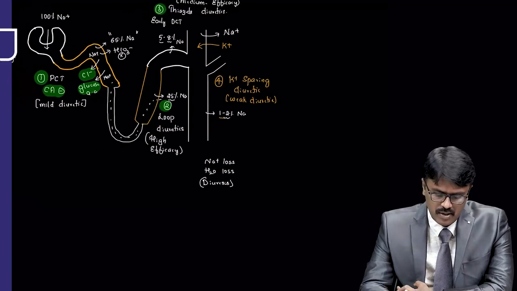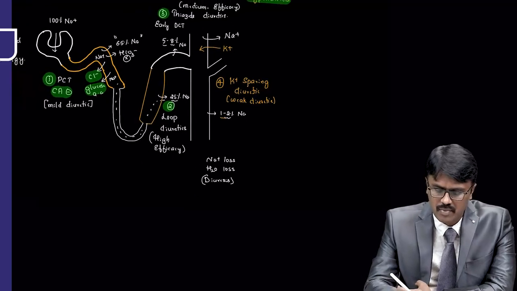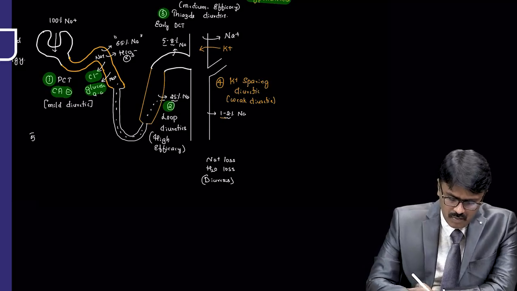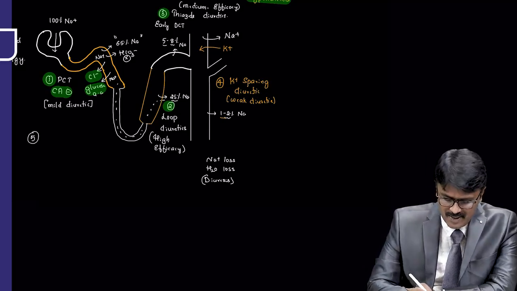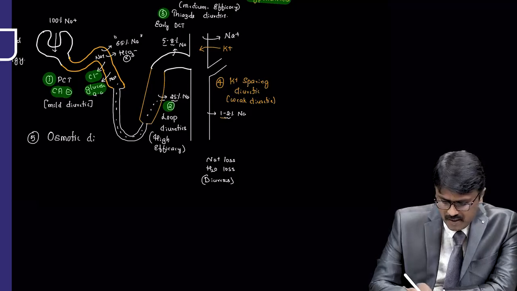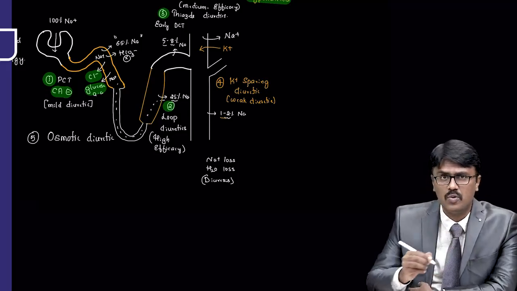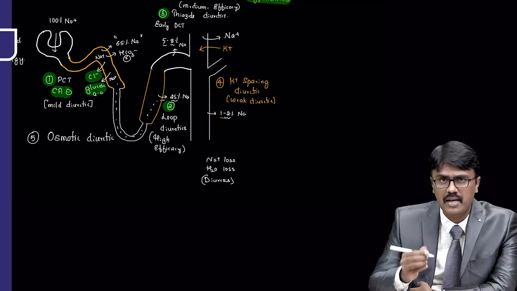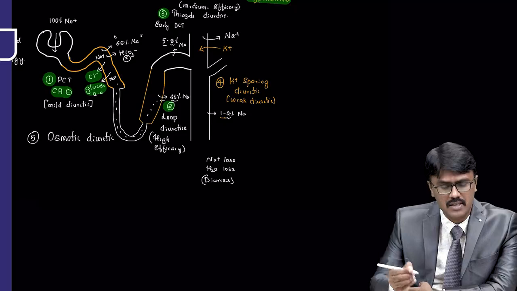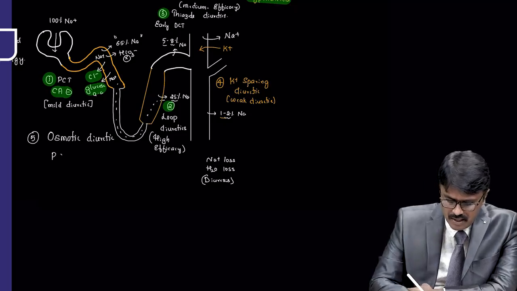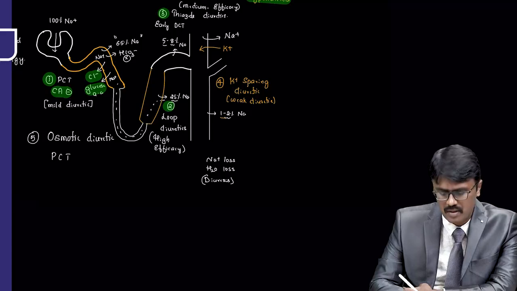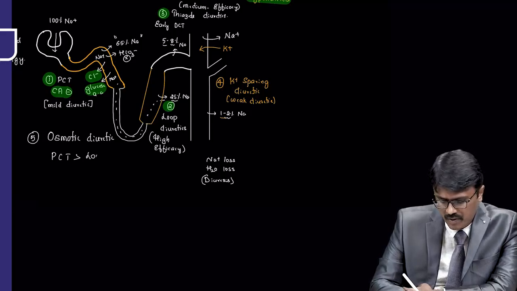So we know the 4 targets, and number 5, we have one more group of diuretics. They are called osmotic diuretics. So osmotic diuretics, please understand, can act throughout the nephron. But in the exam, if they ask you in the nephron which is the major site of action, the major site of action is the proximal convoluted tubule and loop of Henle.